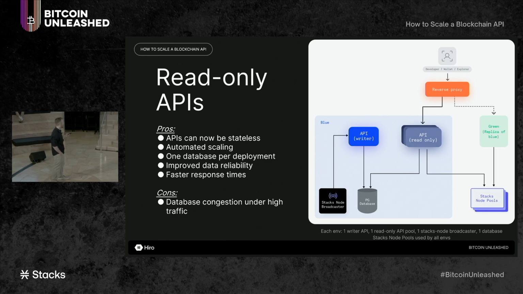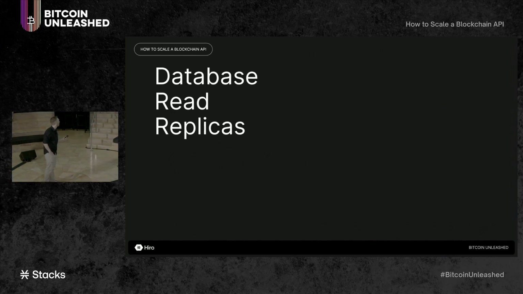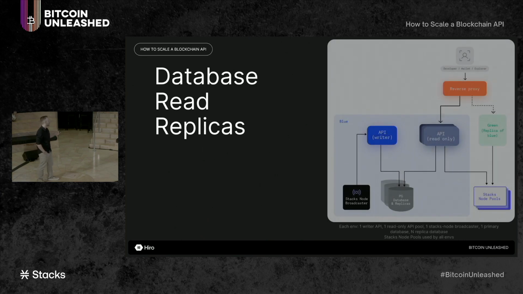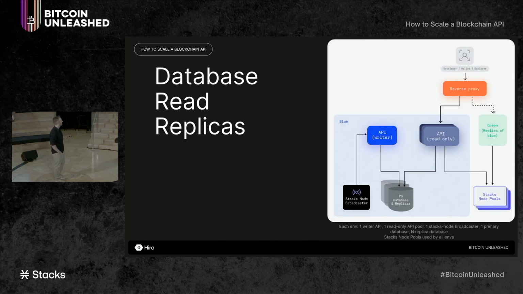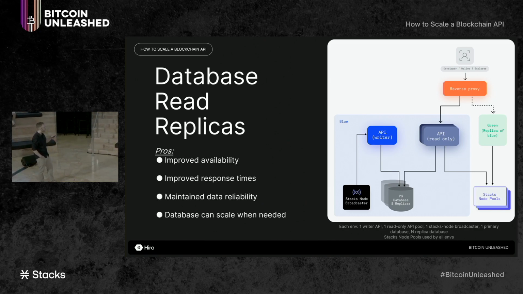However, with so many APIs now reaching out to this Postgres database, if traffic continues to increase, the bottleneck now moves to the database itself. You could have resource contention in the database layer under high traffic. So, database read replicas. This is similar to read-only mode for the API. However, the API now has support for database read replicas.